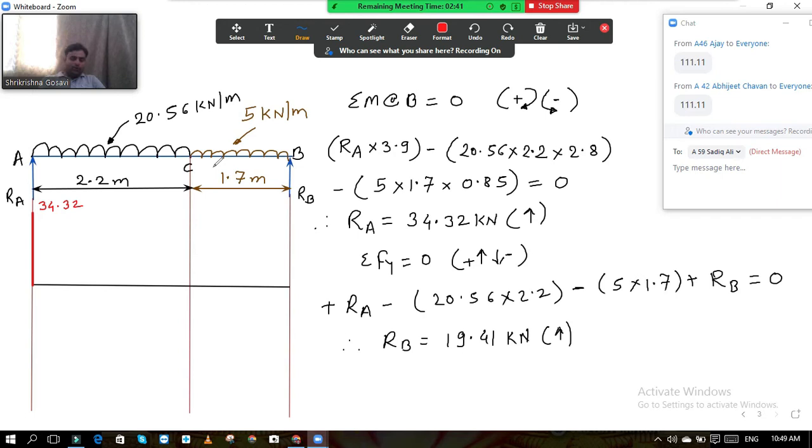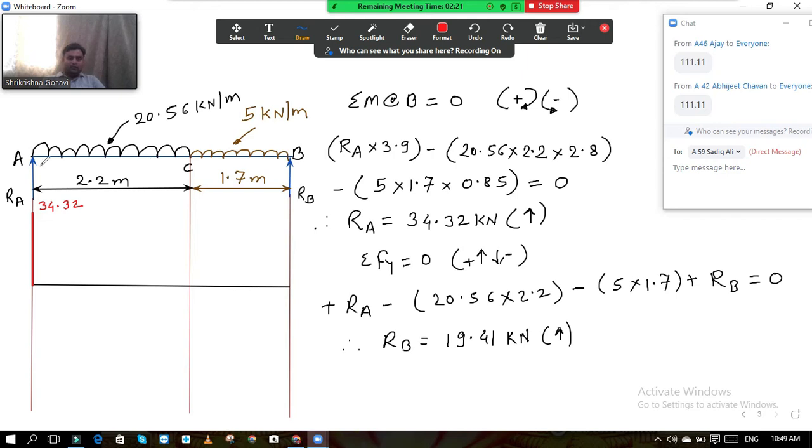Now on your calculator type plus 34.32 and press the equal to button. So in the answer you will get 34.32.